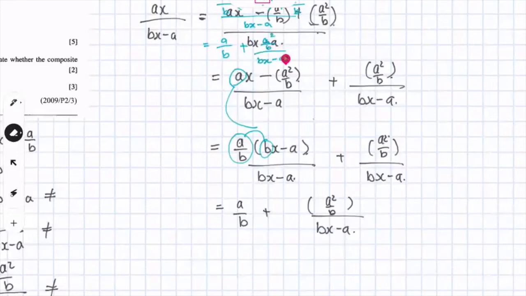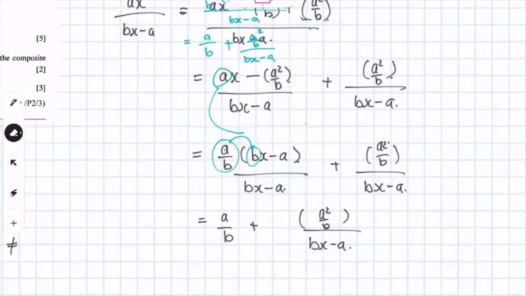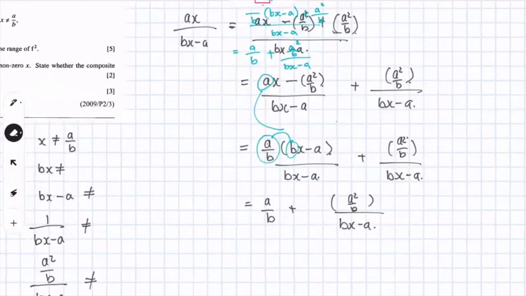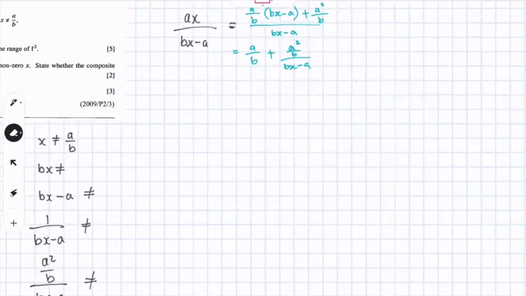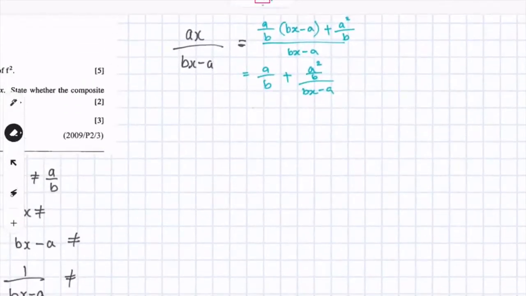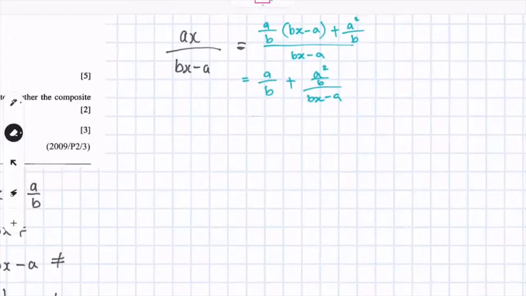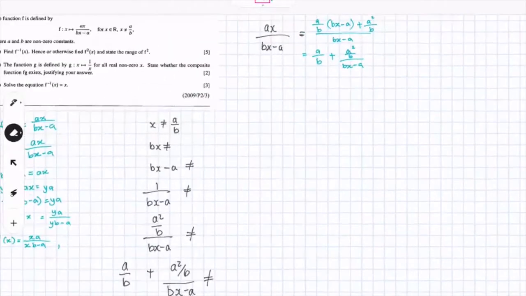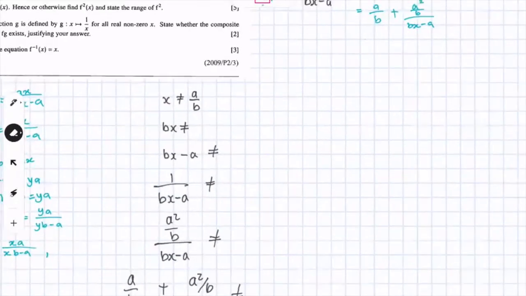Correct? Yeah. How come? A over B. Yeah, correct. You can even do it faster. Try, find this thing.